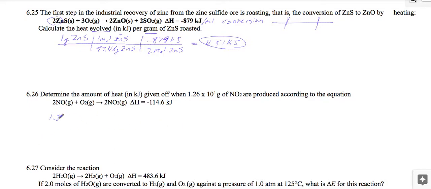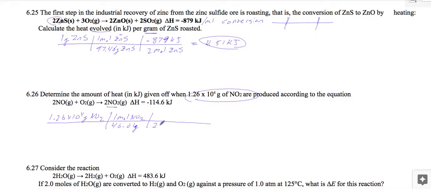Same thing as here. Start with 1.26 times 10 to the 4th grams of nitrogen dioxide. So here's my starting stuff. 1.26 times 10 to the 4th grams of the nitrogen dioxide. Go through the process. 1 mole of it is 46.01 grams of it.